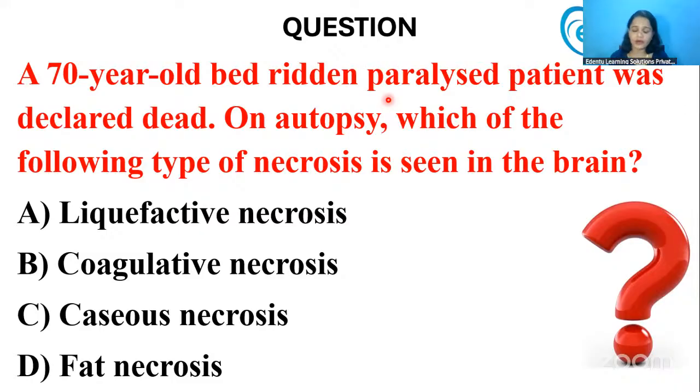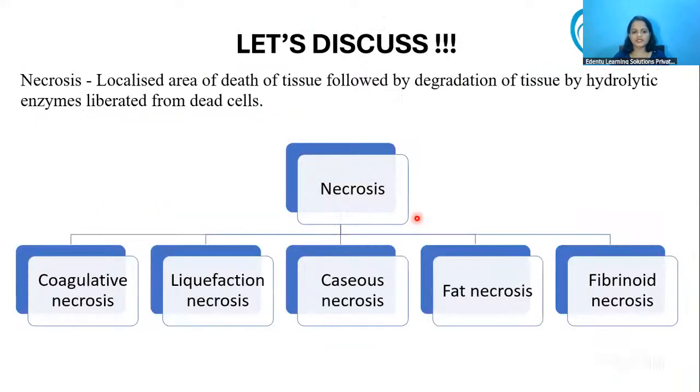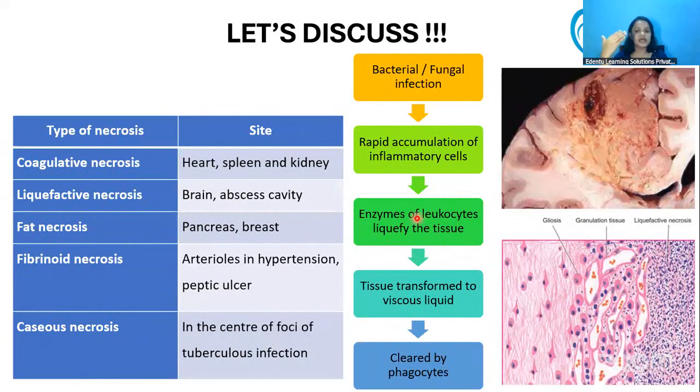Now let's focus on the types of necrosis. The types of necrosis that you will usually see are coagulative necrosis, liquefaction necrosis, caseous necrosis, fat necrosis, and fibrinonecrosis. These are the 5 types of necrosis, and there are specific sites where you see such necrosis.